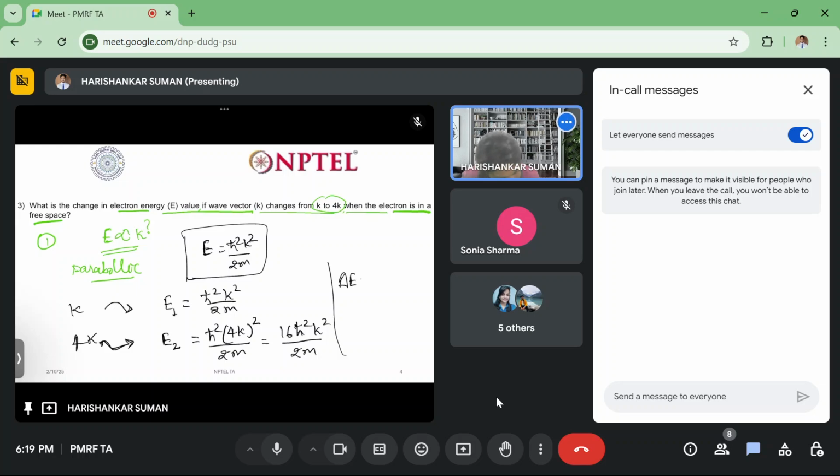Delta E means E2 minus E1. That gives 16 h-bar square k square, and this.